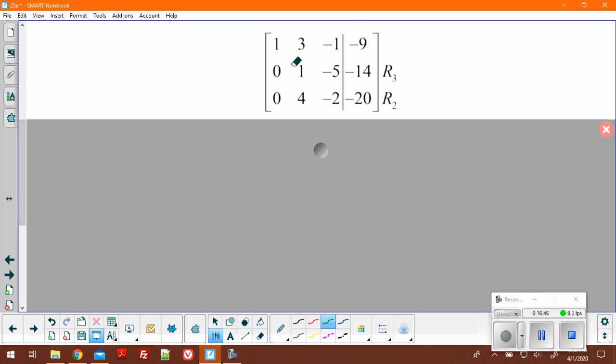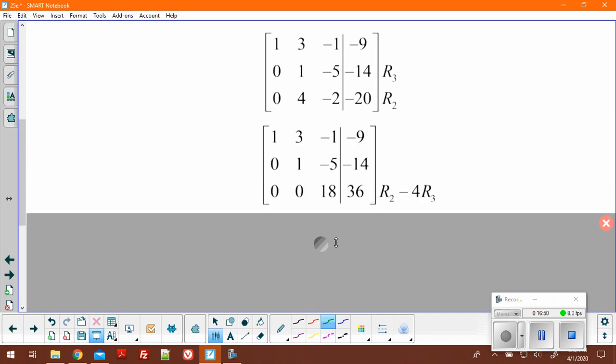I switched the rows so I have a 1 in this position. But I'm going to do the same trick I was talking about. Although, that means I need to fix this. That's not right anymore. So this is 4, row 2, take away row 3, I believe.